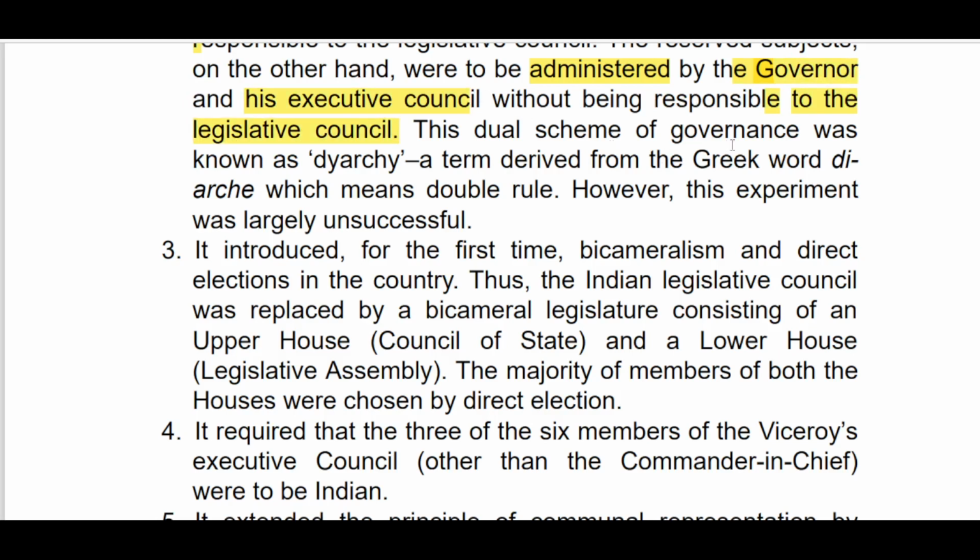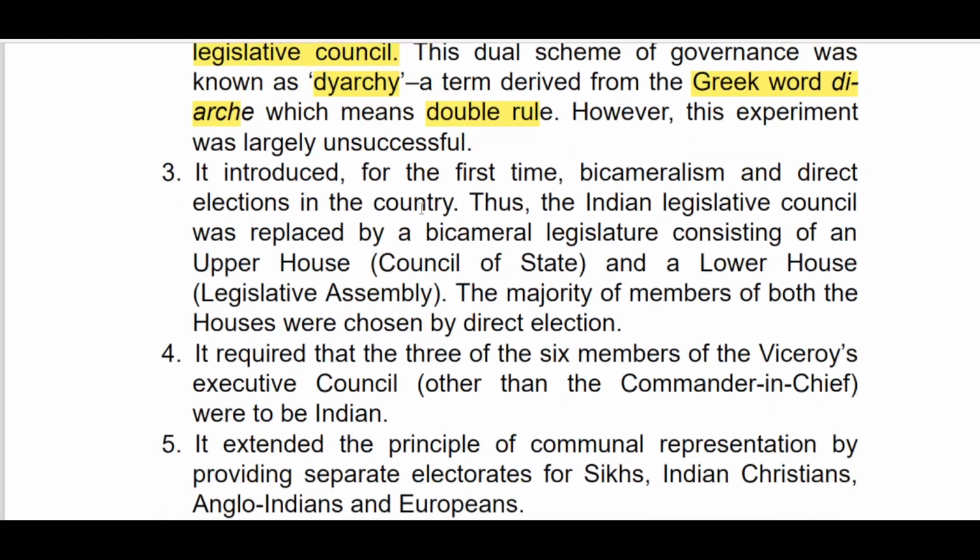This dual scheme of governance was known as diarchy. This is a term derived from the Greek word, which means double rule or dual rule. However, this experiment was largely unsuccessful.